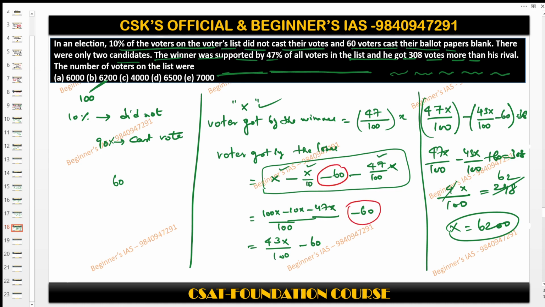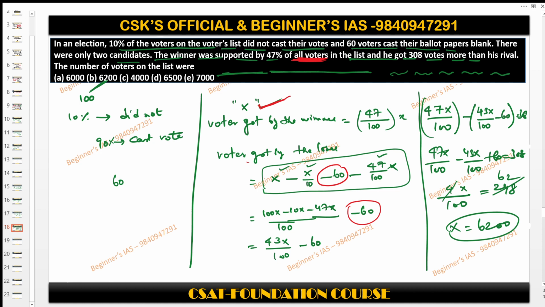Now, here it is clearly mentioned that the winner was supported by 47% of all the voters. What do you mean by all? This is all the voters. They are calculating even with the 60 also. Here it means all the voters in the list. After that only they are segregating.